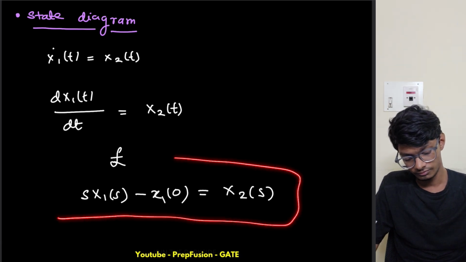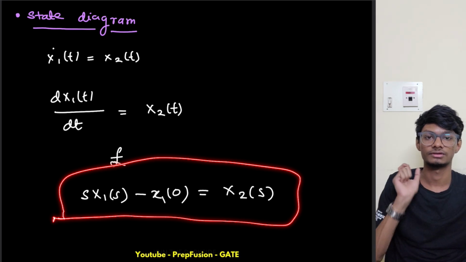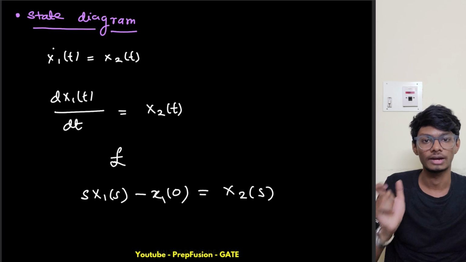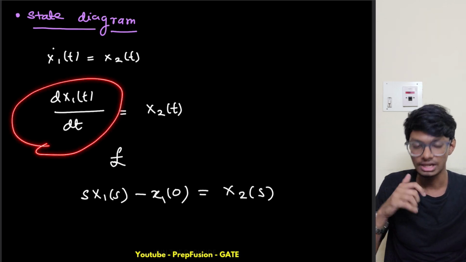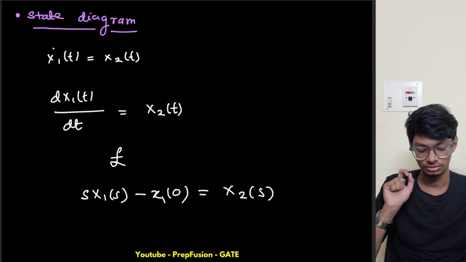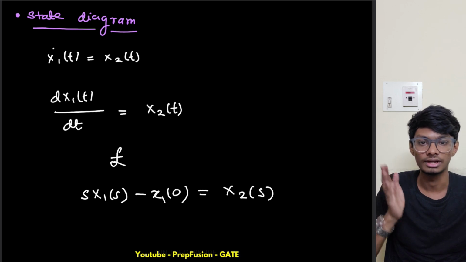Then we solve for the state diagram. We have to move to the Laplace domain, because a signal flow graph is generally written in the Laplace domain. When I take the Laplace transform of this differentiation, we will have an initial term, as we are taking the unilateral Laplace transform.